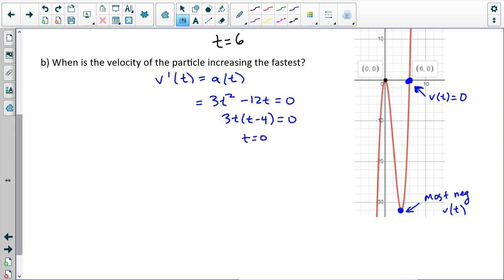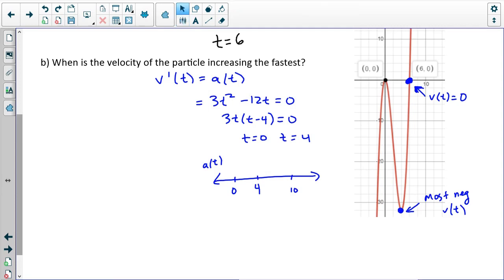So t equals 0 and t equals 4 are my values where I can get this. So I'm going to make a little acceleration chart. I'm going to cap it at 0 and 10. Then I have 4. If I sub values in between 0 and 4, it's negative. Values between 4 and 10, it's positive.